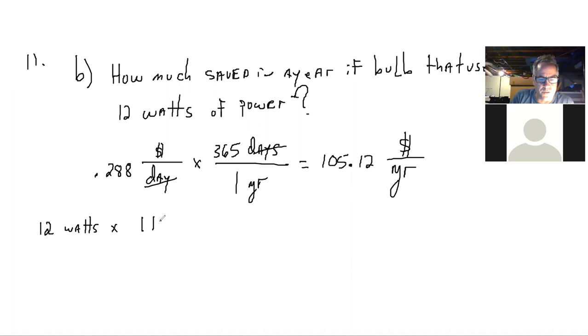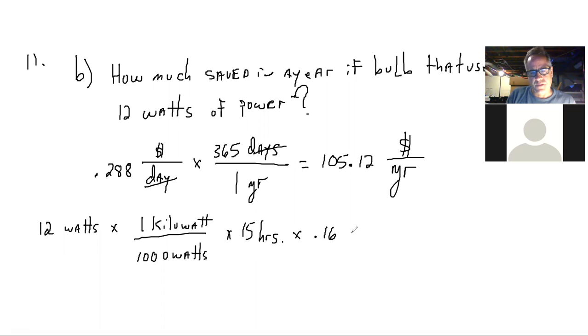So that's where I have the 1 kilowatt divided by 1,000 watts times my 15 hours per day times my rate, which was 0.16 dollars per kilowatt hour.